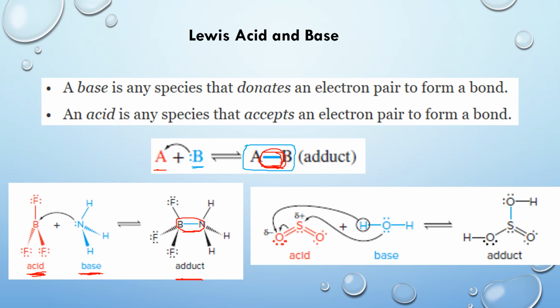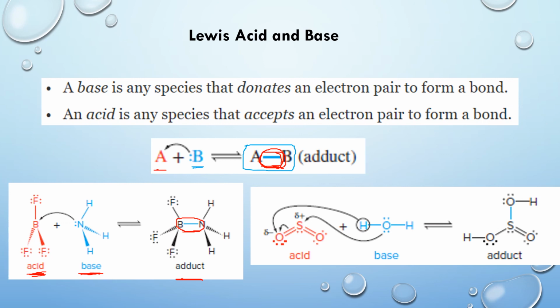And here we have another example of a Lewis acid and Lewis base reaction. For the Lewis acid sulfur dioxide, oxygens are more electronegative than sulfur, so each of these oxygen sulfur bonds is polar. That means the sulfur is kind of electron deficient because the electrons are pulled away by the oxygen.